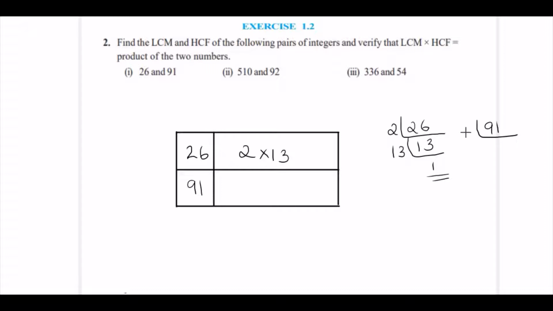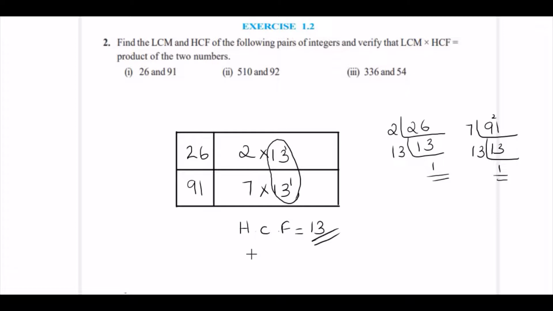Now 91, when you factorize, 7 into 13. So we have learned in HCF, you have to take the common factor and take the least power of the common factor. As here both the power is 1, 13 is the answer.